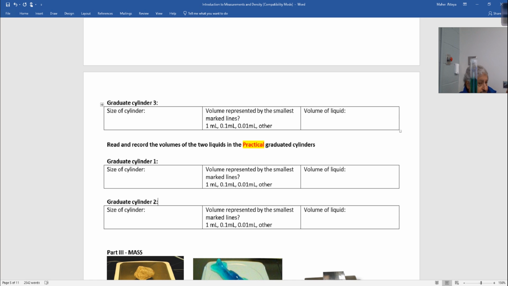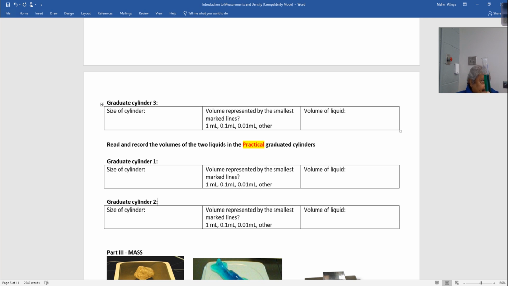So in both, the solution is the same color. We are not interested in the color, we are interested in the size of the graduated cylinder you are using, and we are interested in the whole volume and the subdivision. Okay, we are interested in what? In the subdivision. I'll send you this file there.